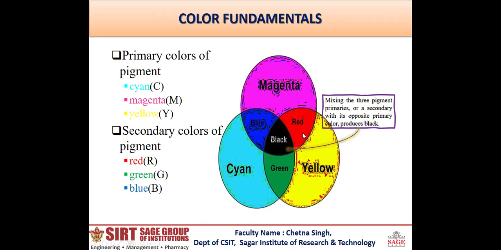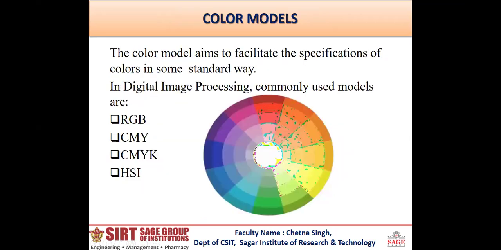Here you can see it in the figure. So the color model basically aims to facilitate the specification of color in some standard way. In digital image processing, the commonly used models are RGB, CMY, CMYK, and HSI.